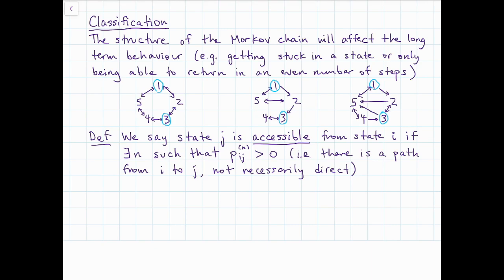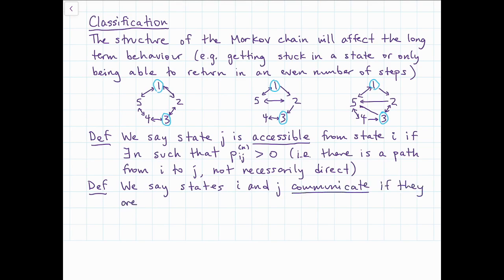So in all 3 examples in the tutorial, we could get a message from state 1 to state 3. But in the second example, it was not possible to get a message from state 3 back to state 1. So we have accessibility, meaning we can get from one state to another, not necessarily directly, just that there exists some path. If we can get both ways, if we can get from 1 to 3 and from 3 back to 1, we would say that those 2 states communicate.